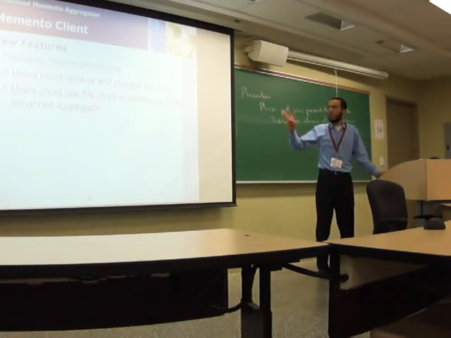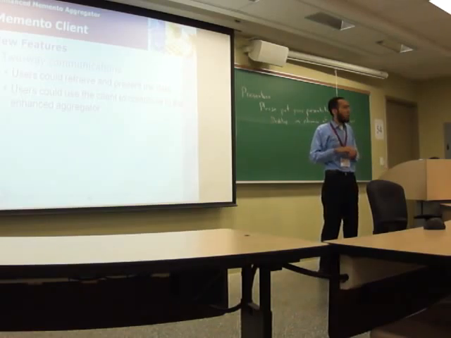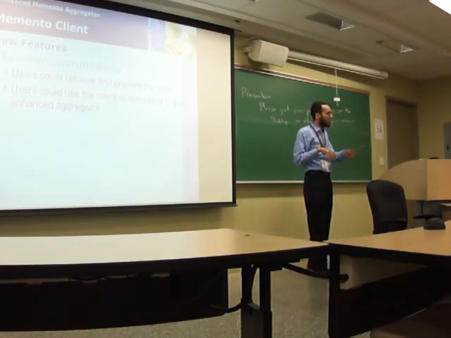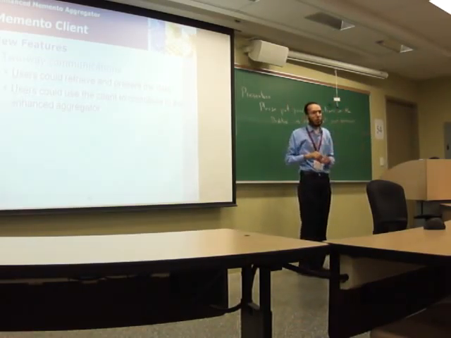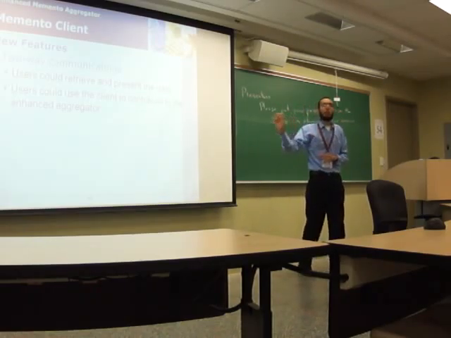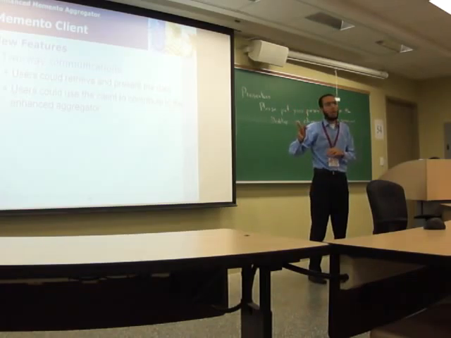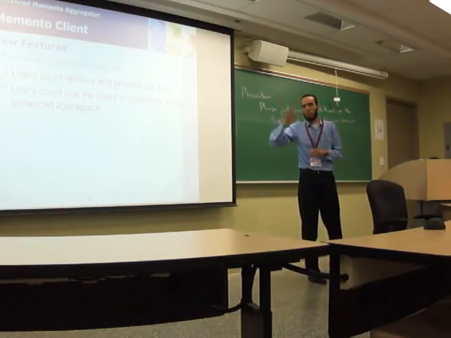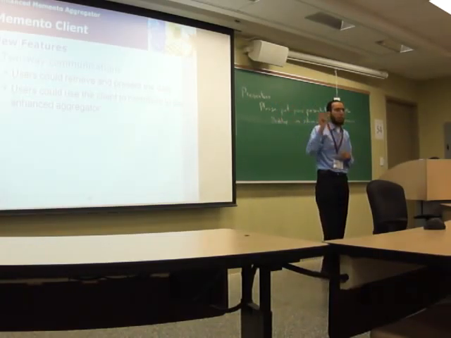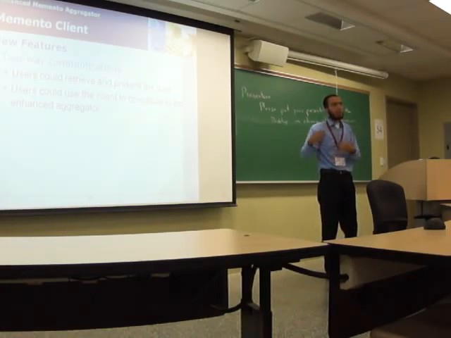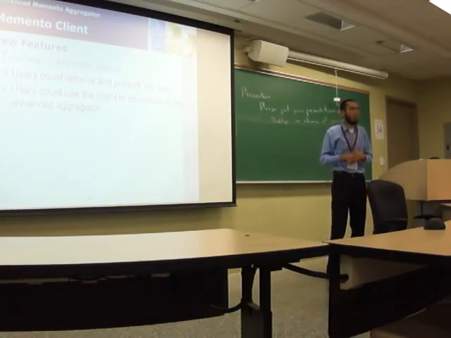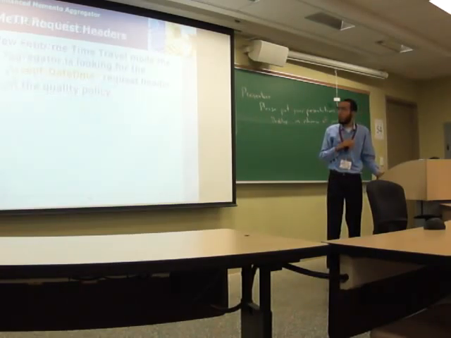The last one is two-way communication. We suggest that if you are the user and you have installed, for example, our Memento toolbar, and you find a specific archive that you think has some interesting URIs to copy, you can send feedback to the proxy or administrator, and we can add it to the proxy list or the archive list.